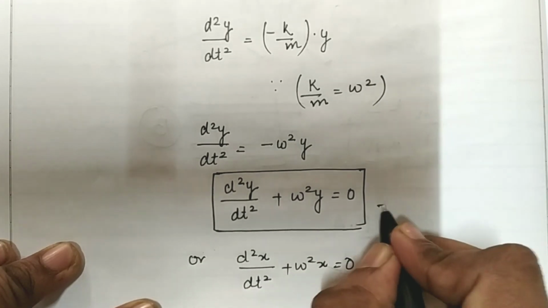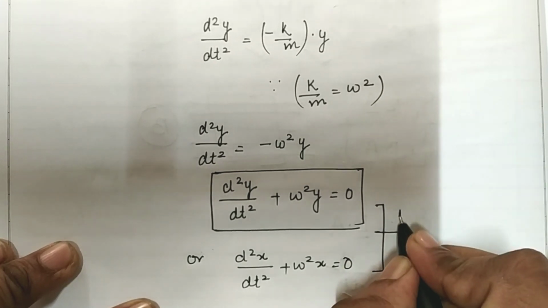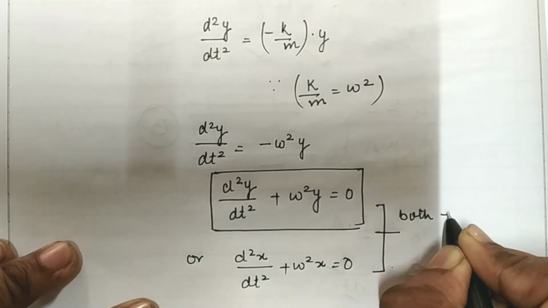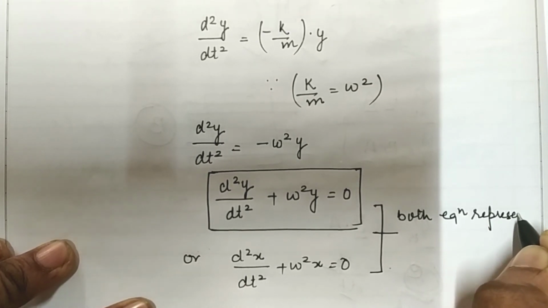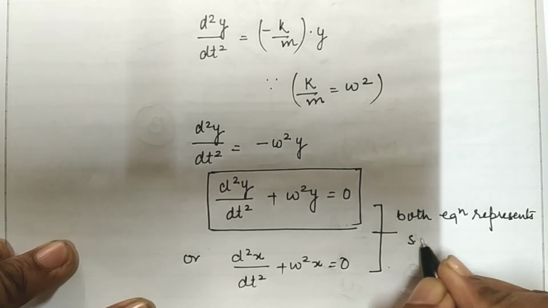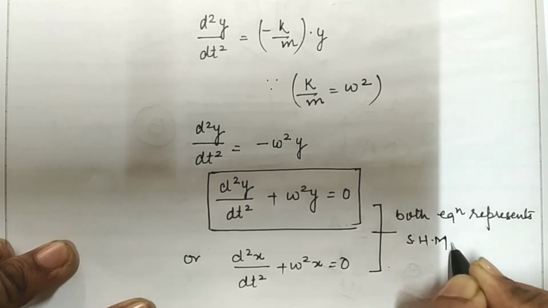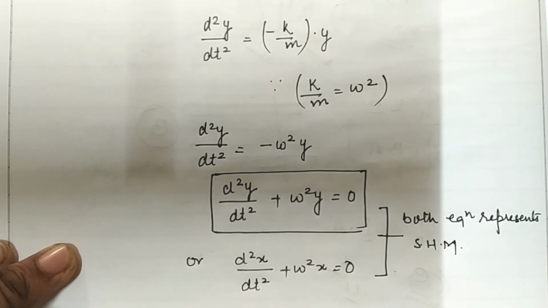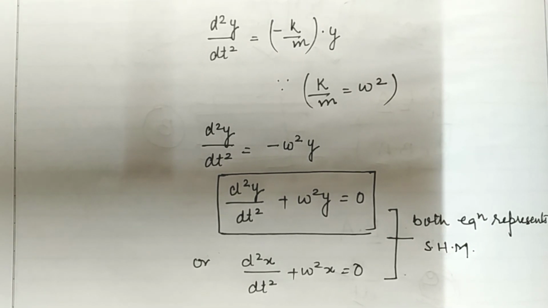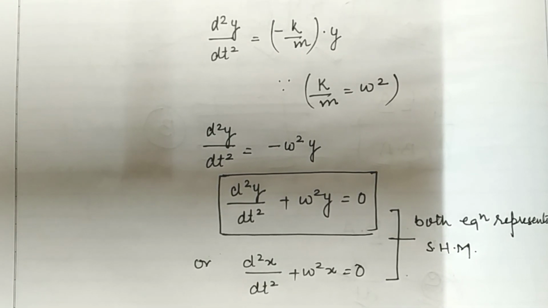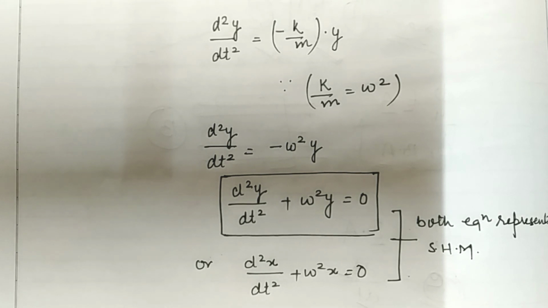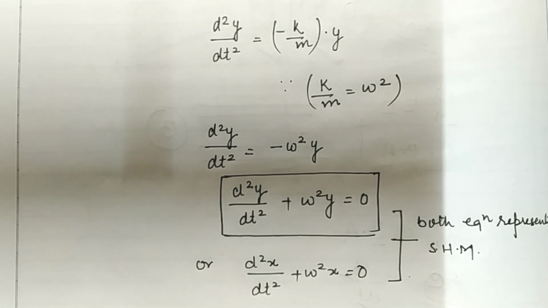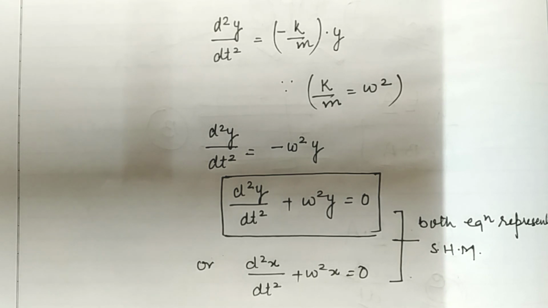Both of these equations represent simple harmonic motion executed by the body. So children, till here we have derived the differential equation of simple harmonic motion of a body. If the displacement equation is given inside a question, then you can easily find out whether that body will execute simple harmonic motion or not.